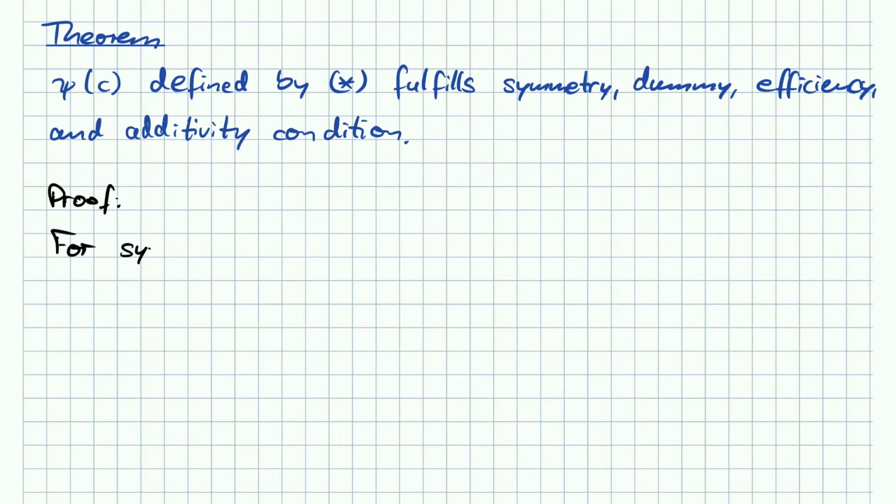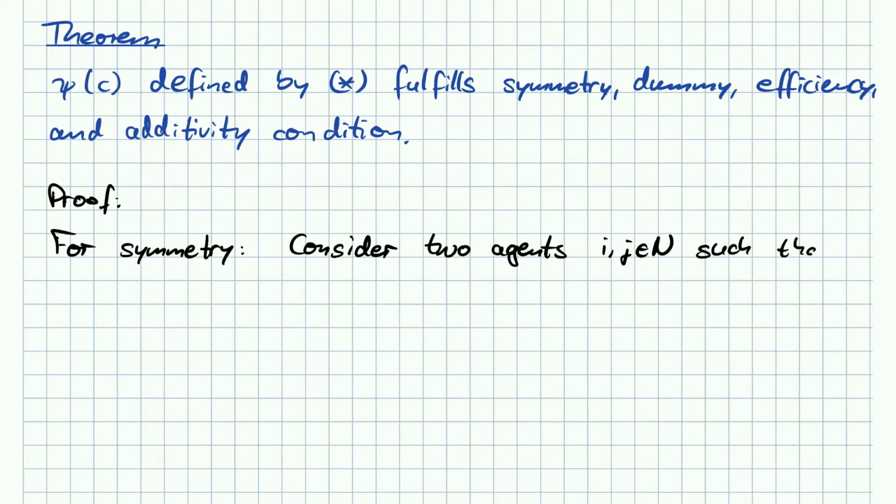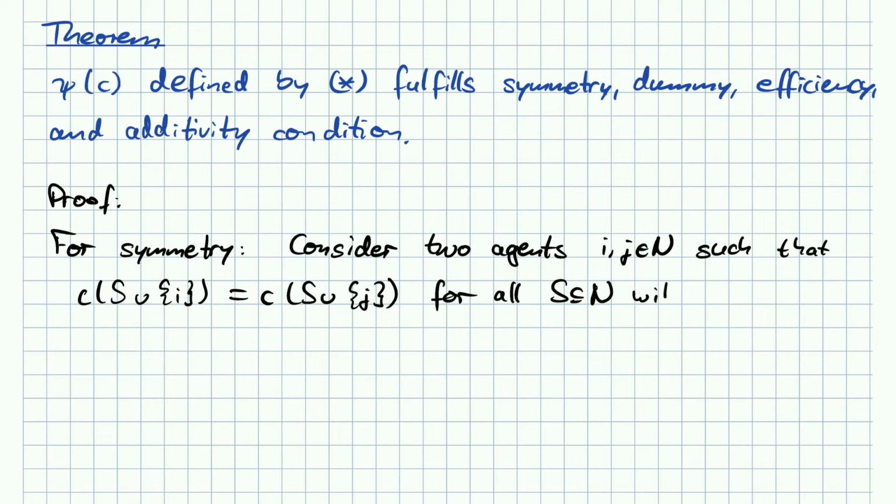So for symmetry, consider two agents I and j such that c of S union I will be equal to c of S union j for all S with I and j not in S.